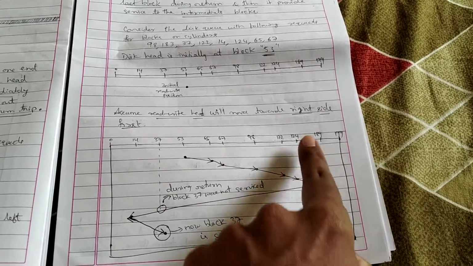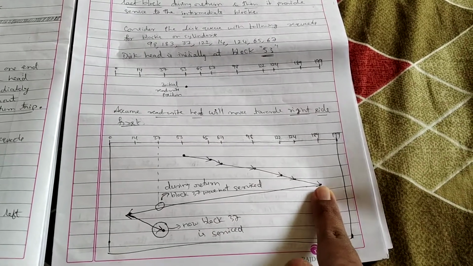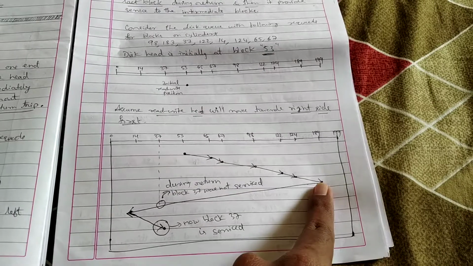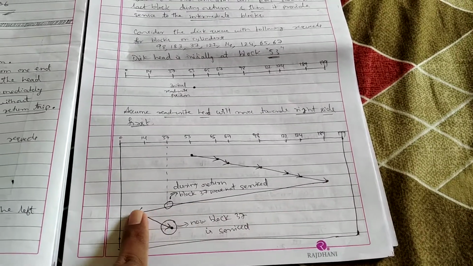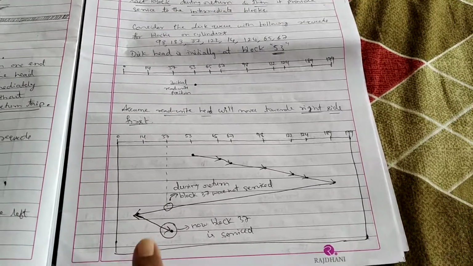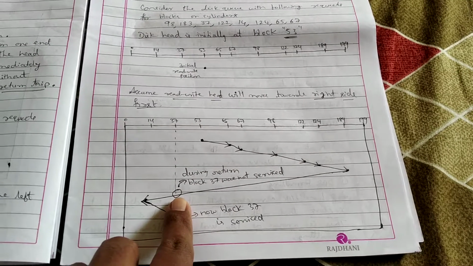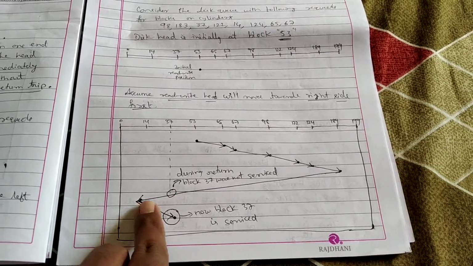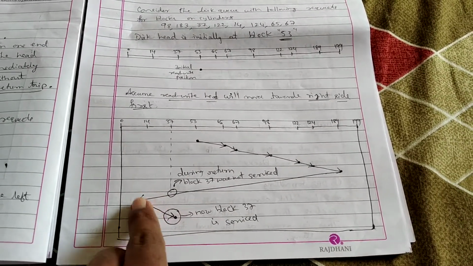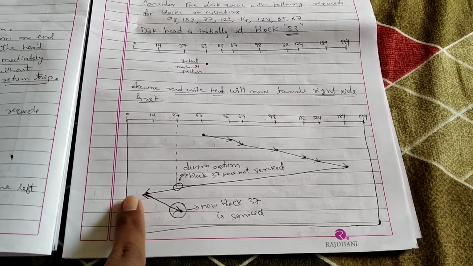Once it reaches the last block, that is 183, it will start to move to the other end of the disk like this. When it starts to move to the other end, we come across block number 37, and next we come across block number 14. Block number 14 is the last block. After that you will not get any other blocks.